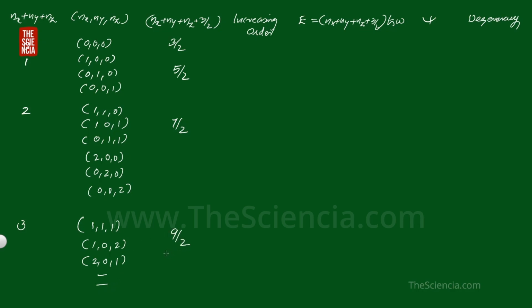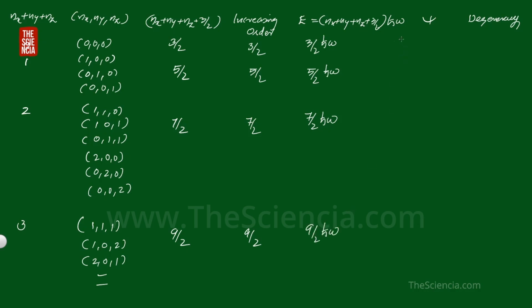So in increasing order it is 3 by 2, 5 by 2, 7 by 2 and 9 by 2. That is, the corresponding energies are 3 by 2 h cross omega, 5 by 2 h cross omega, 7 by 2 h cross omega and 9 by 2 h cross omega.